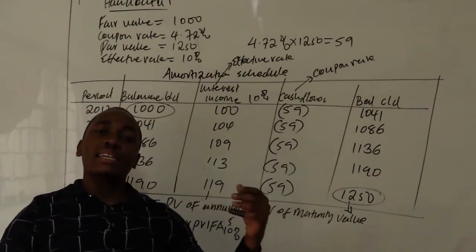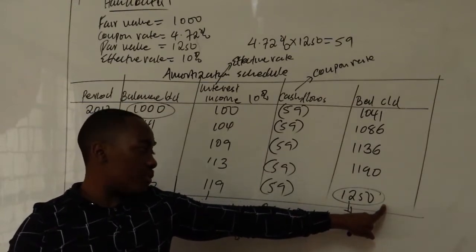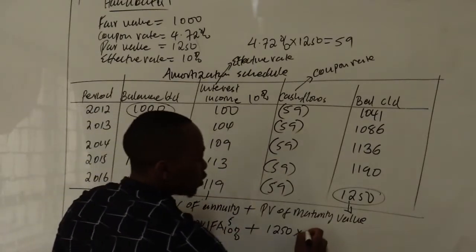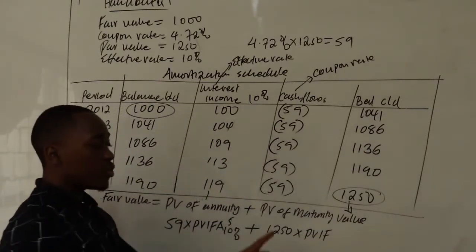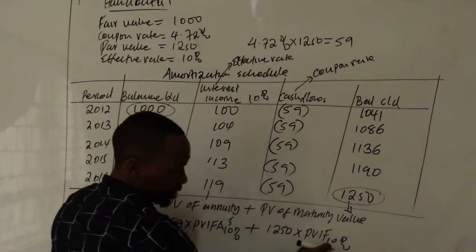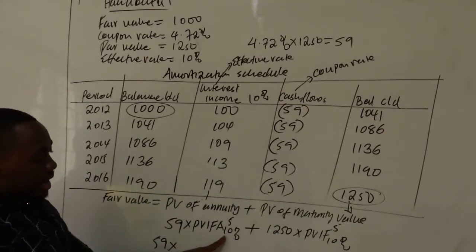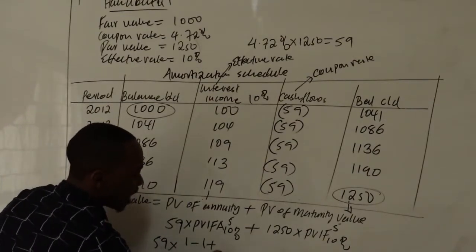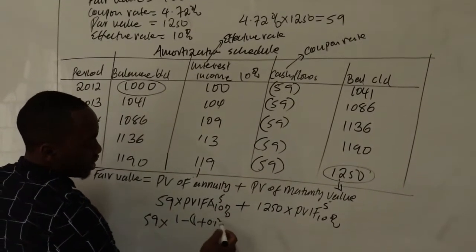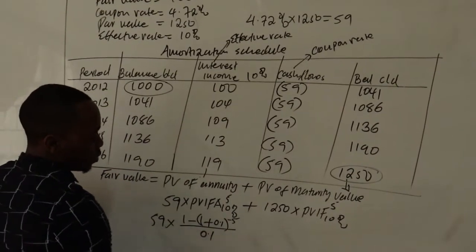The debt always matures at its par value. So at the end of year 2016, you will get your value back of 1250. So the maturity value will be 1250, but you get its present value. The present value interest factor here is not an annuity because you'll only receive one amount at the end of year 5, at 10%, the market rate, after 5 years. So it will be 59 times, this is an annuity, when using annuity, it's 1 minus (1 plus R) raised to power negative n, where R is 0.1 and n is 5, and then you divide by R, 0.1.